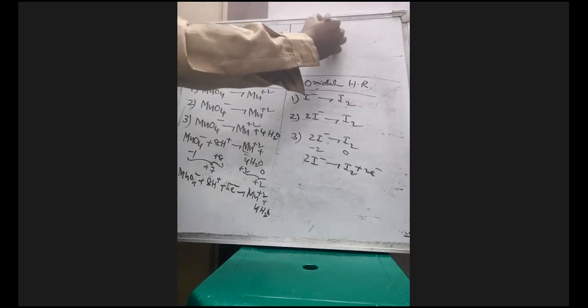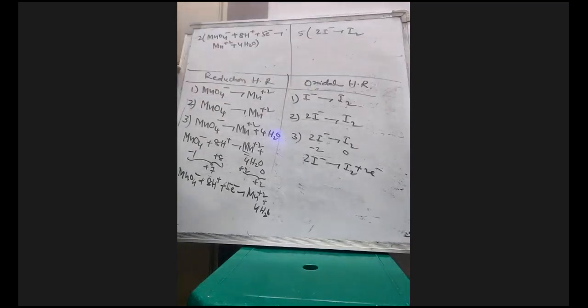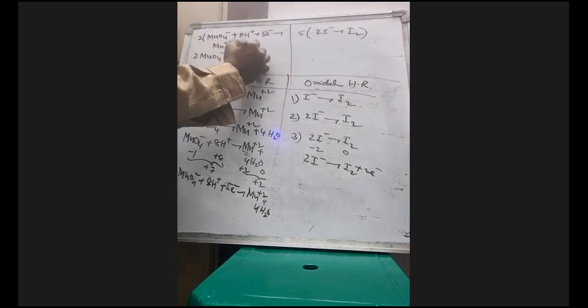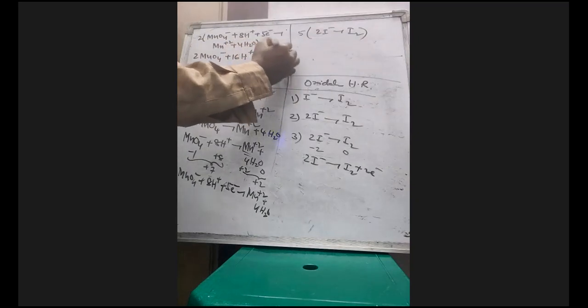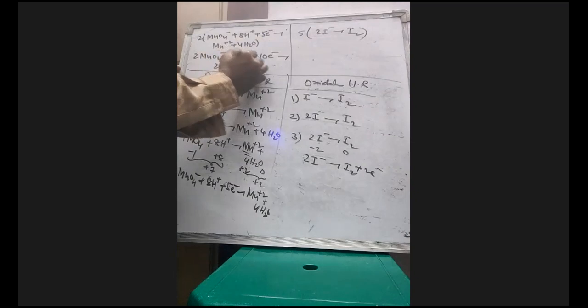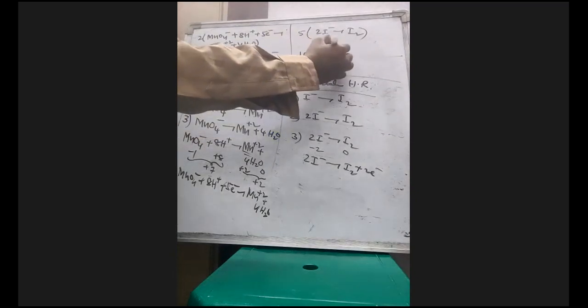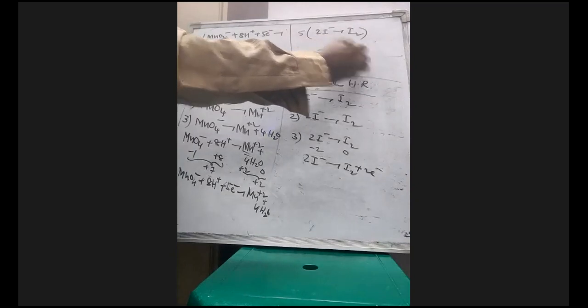Then 2I minus gives I2 becomes 10I minus gives 5I2 plus 10 electrons. And 2MnO4 minus plus 16H plus plus 10 electrons gives 2Mn plus 2 plus 8H2O.